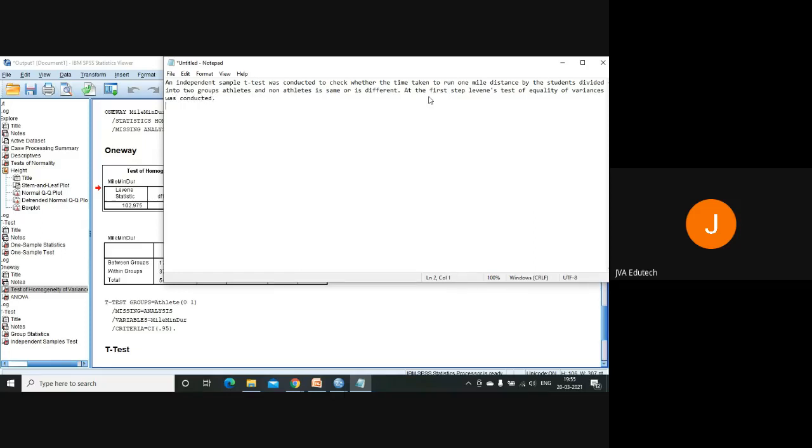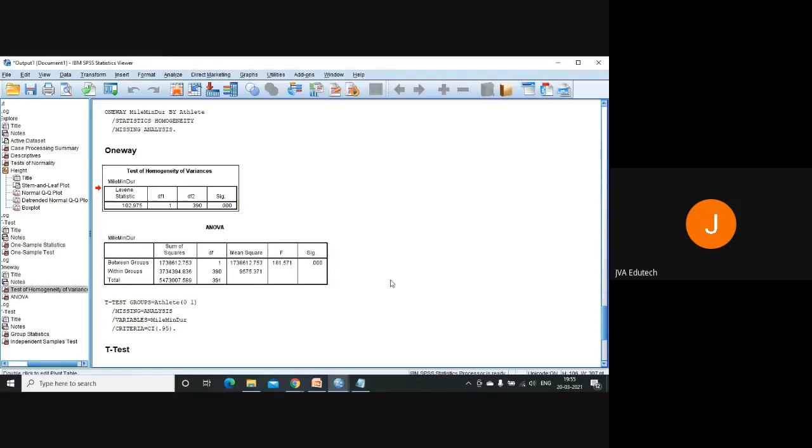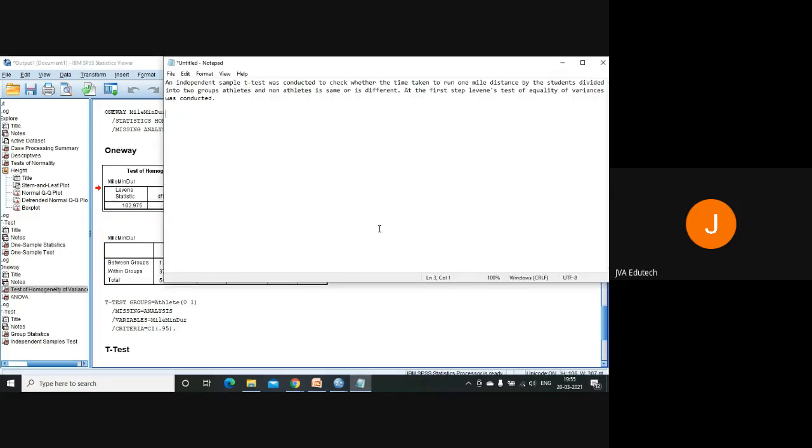Then put this Levene's test of variances table. From this table, we can see that p is less than 0.05.